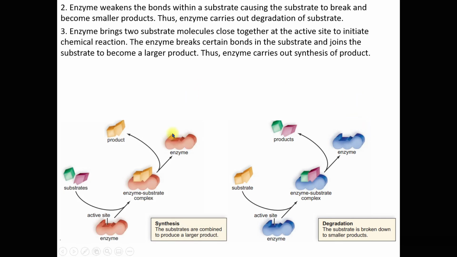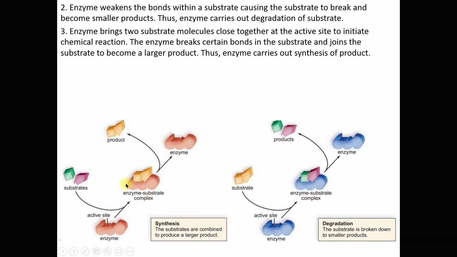Now the third characteristic of enzyme: it brings two substrate molecules close together. How these two substrate molecules bind with the active site of this enzyme to initiate a chemical reaction. So what happens?